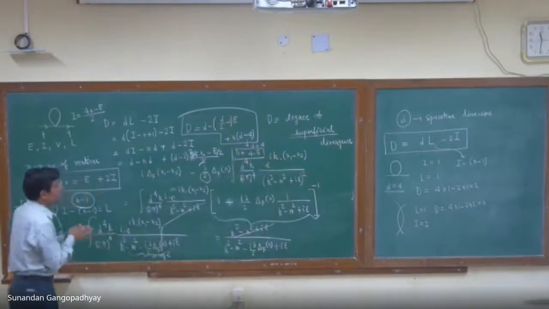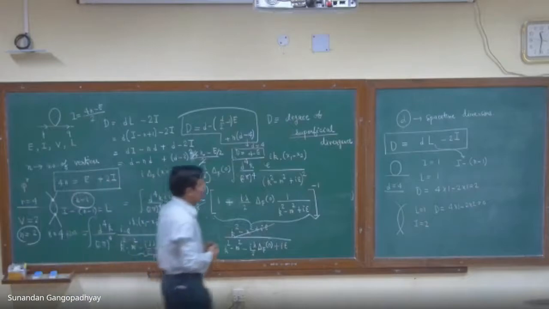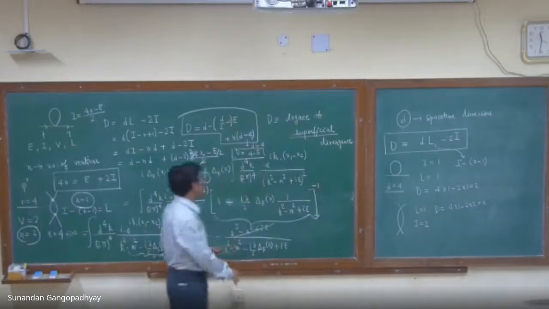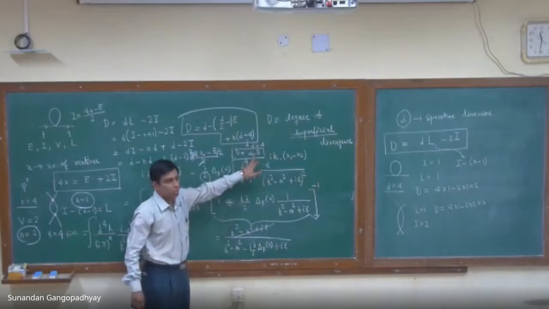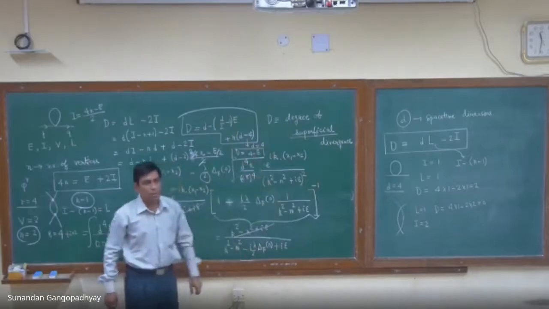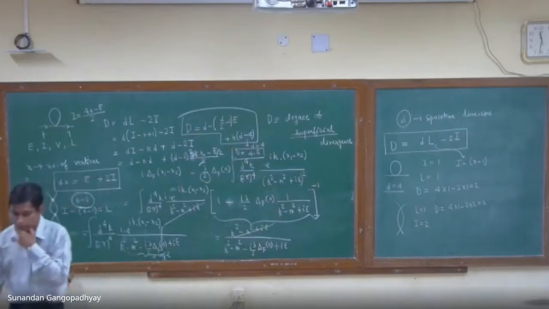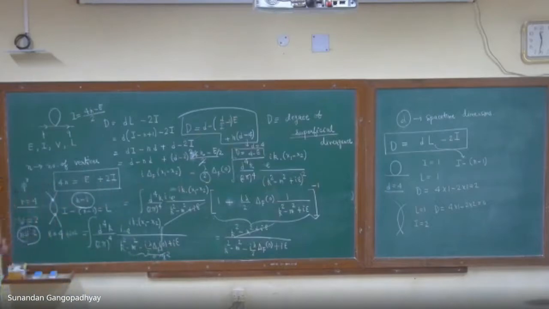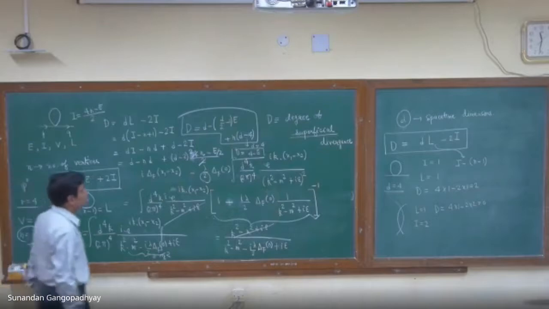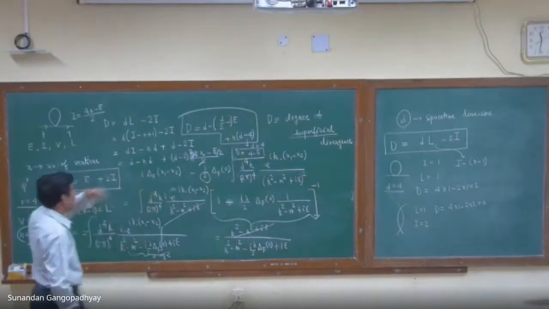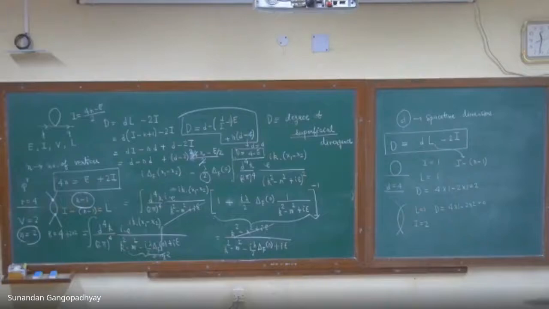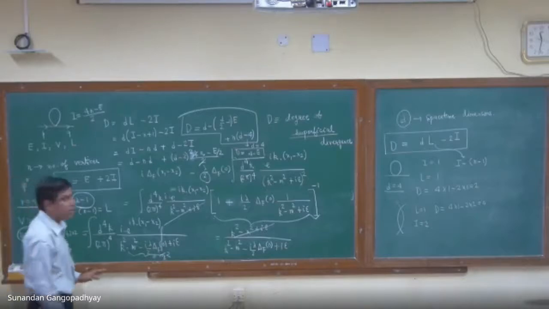You can immediately see that for this diagram the number of external lines is 2, so this is 2. For the fish diagram, e is 4, so it is 0. So your formula is correct. This is the formula for phi-4 theory. Everything works out well, but we need to discuss some finer points. Why is it called the degree of superficial divergence and why not the degree of divergence itself? We shall discuss those points in the next class.